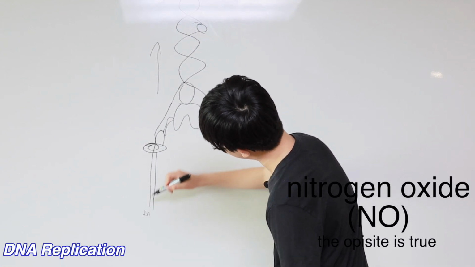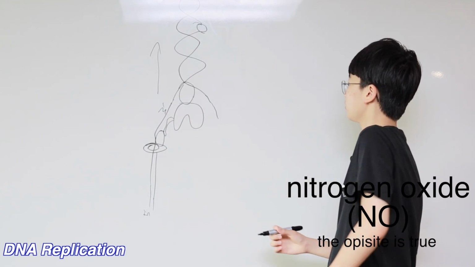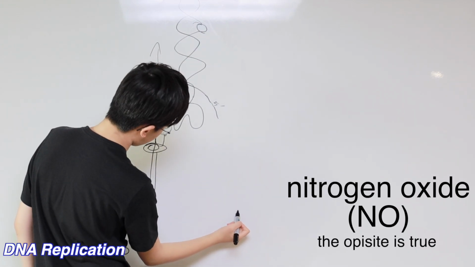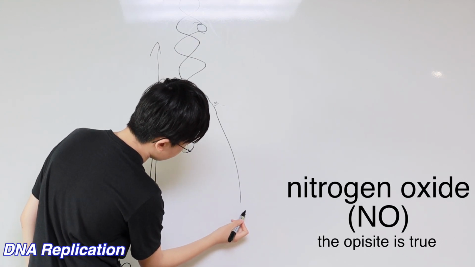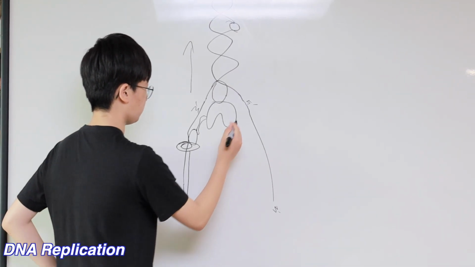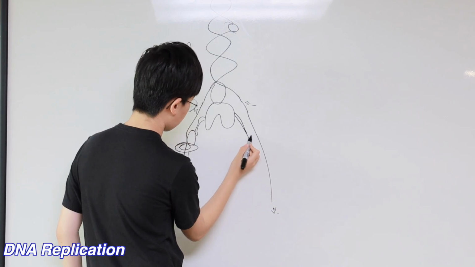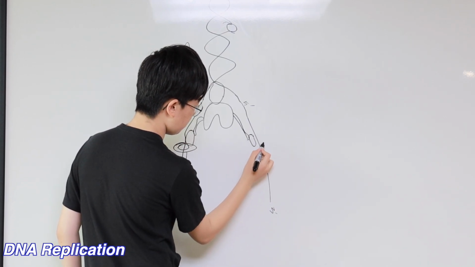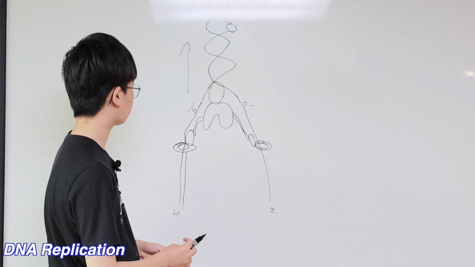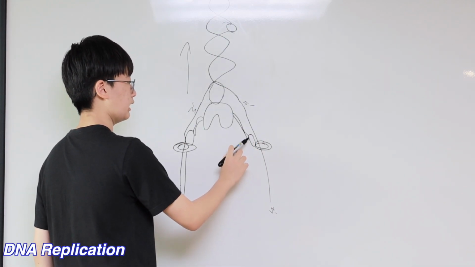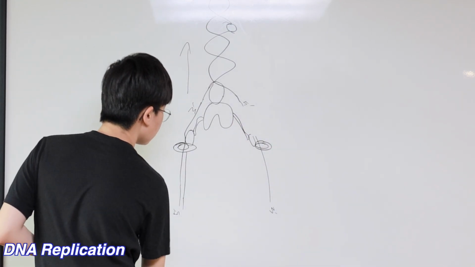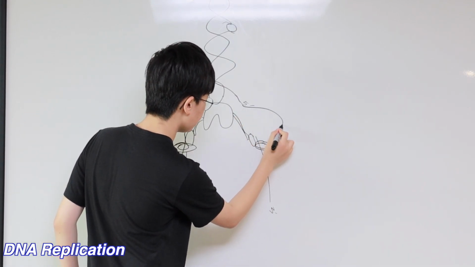So it's going to be 5' to 3'. Over here is going to be 5' to 3', but over here, this is a lagging strand, and on the lagging strand, the DNA is a bit like this.